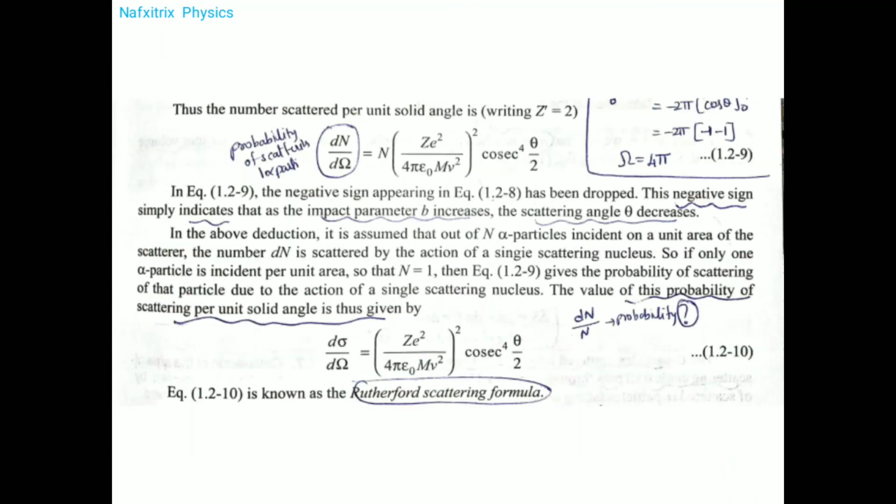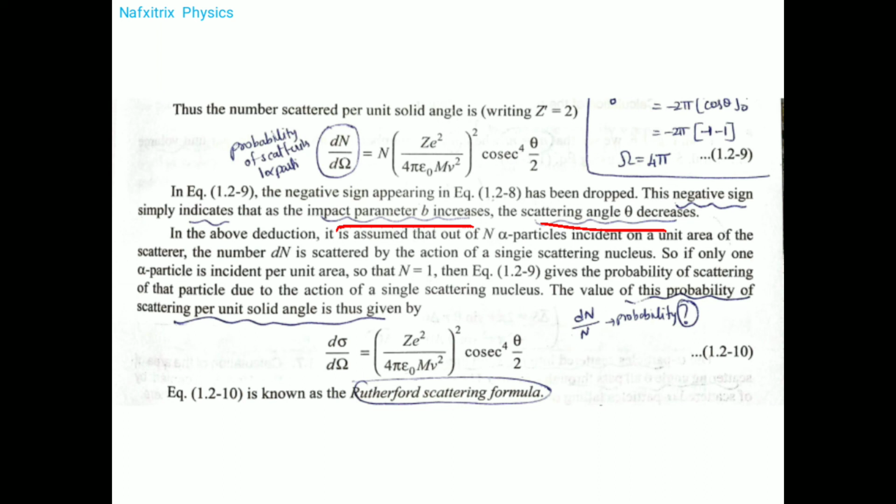The negative sign appearing has been dropped, because this negative sign tells us that as the impact parameter increases, the scattering angle decreases. If one increases, the other decreases, so we would definitely have a minus sign. So that is removed. This is the above deduction.